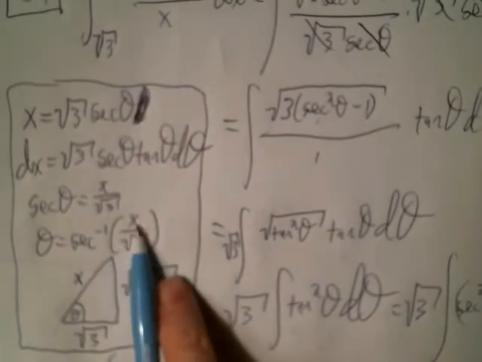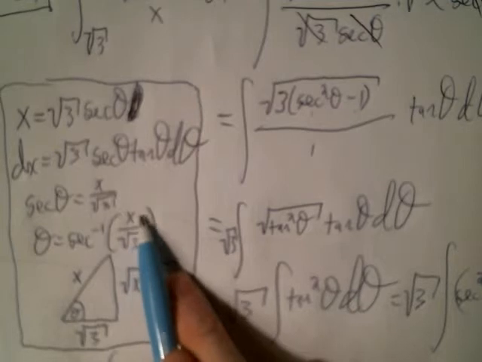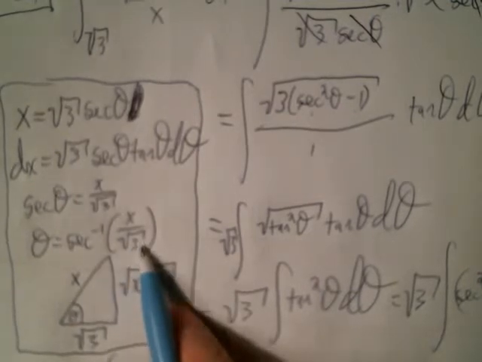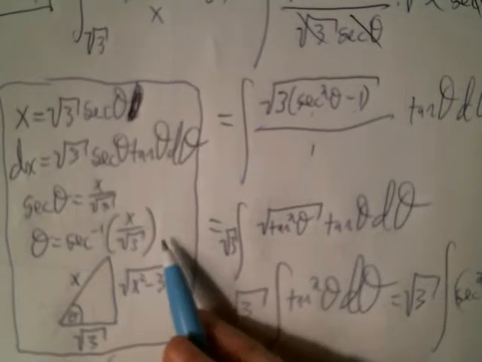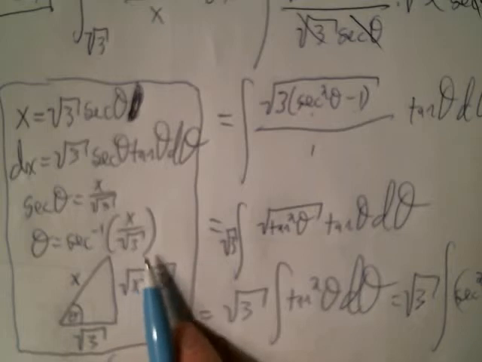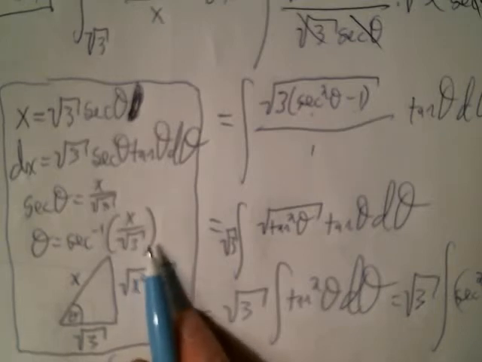Okay? So if you put 2 into x for that upper limit, you would have secant inverse of 2 over root 3. That would be the same as asking the question, secant of what angle is equal to 2 over root 3?